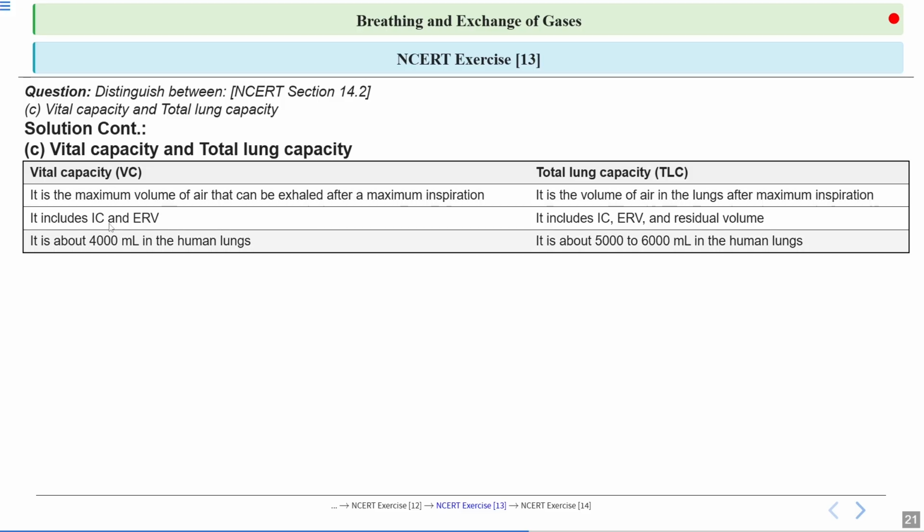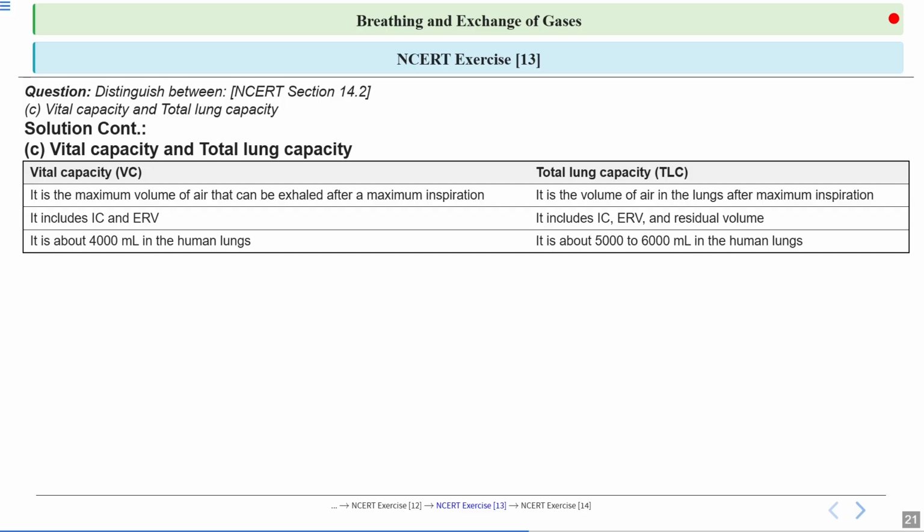So it includes inspiratory capacity plus ERV, and it is about 4000 ml in the human lungs, right?